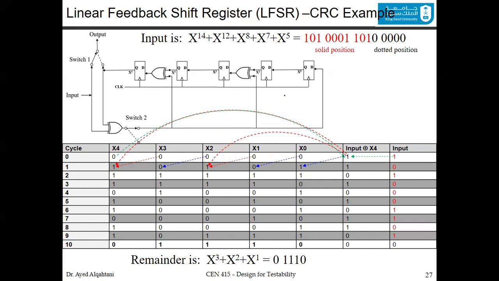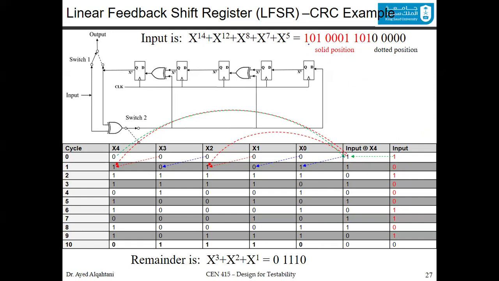So how do we do that? We basically do the same. Remember, I used the blue line to indicate the shift, and the red lines to indicate the exclusive OR. Now, to generate this table, and to exactly know when to stop to get the remainder, you just plug in your message or your input right there.